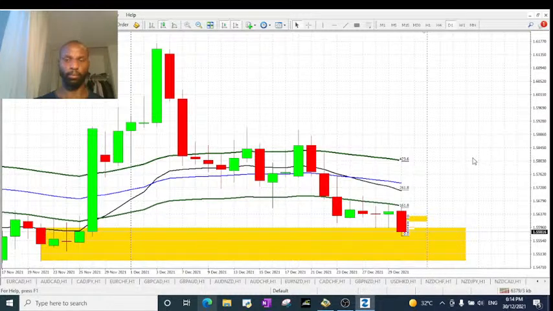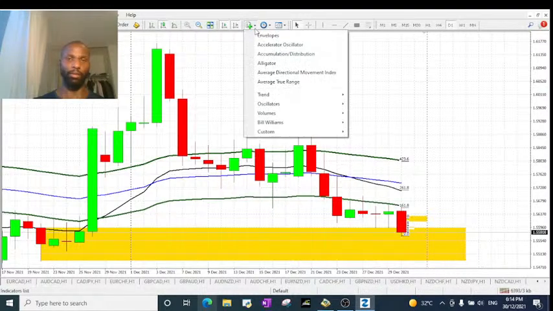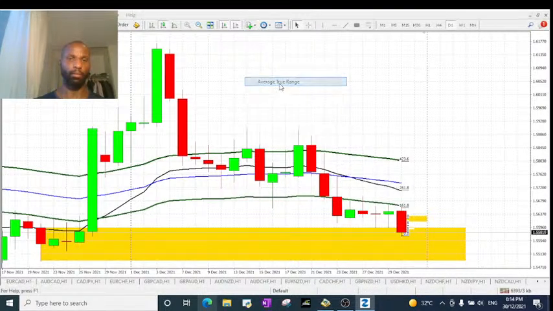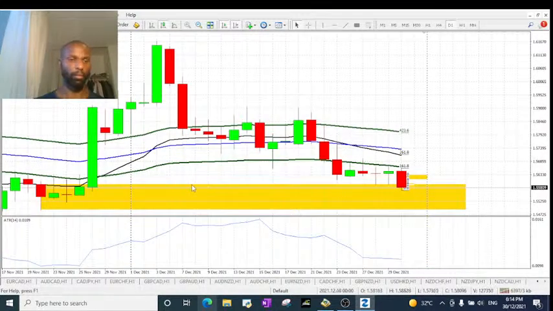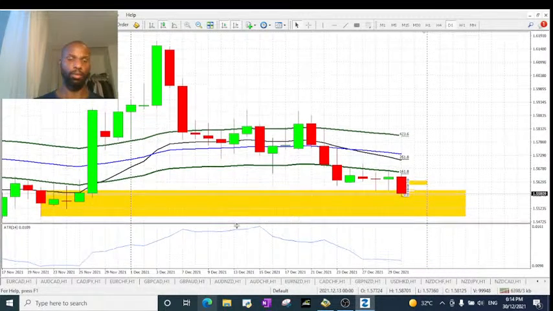See how we've come down to this zone here. Touched, we bounce. Touched, we bounce. This candle opened here. We've already moved down quite a lot. Let's see what the average daily range is. 109 pips.